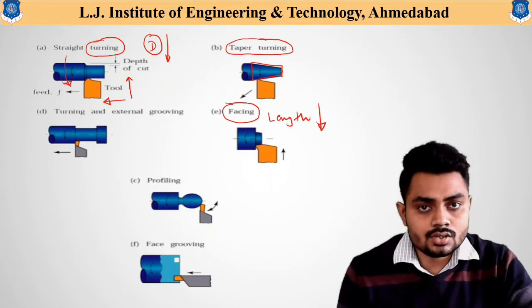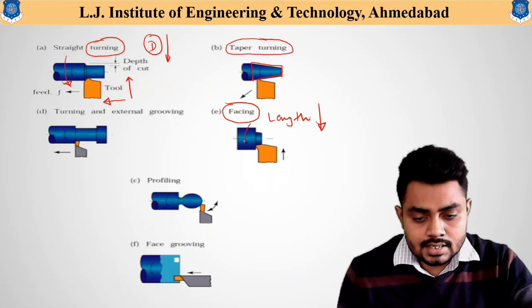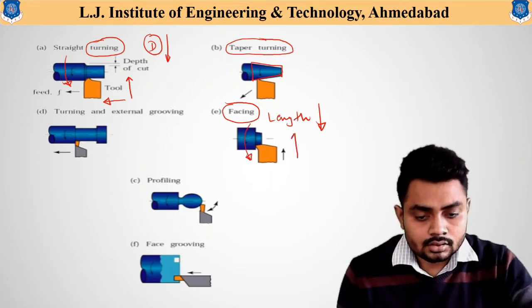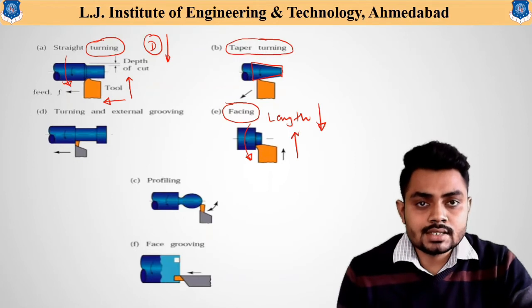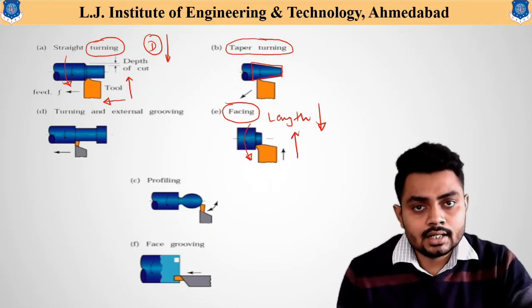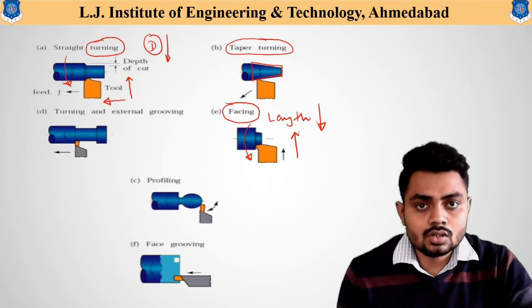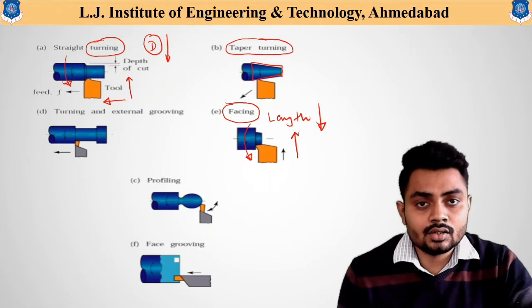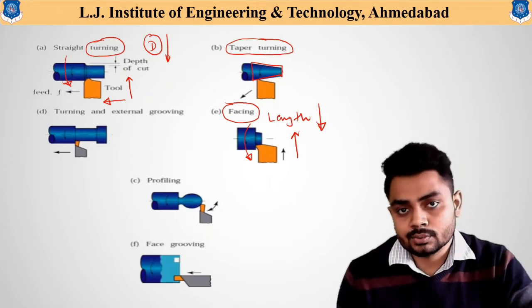In this also, the workpiece is rotating and the tool is fed towards the workpiece to reduce the length of the component, and this operation is also done in a step by step manner as the depth of cut cannot be given in a larger amount.